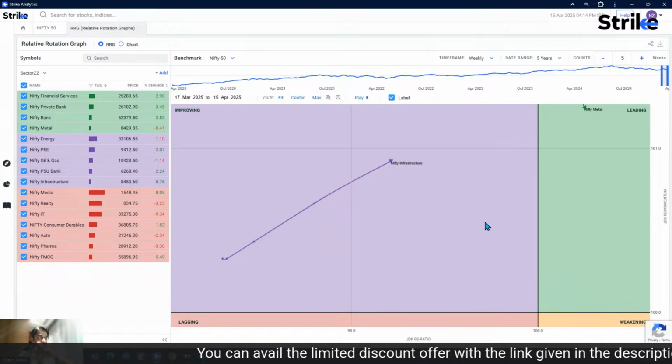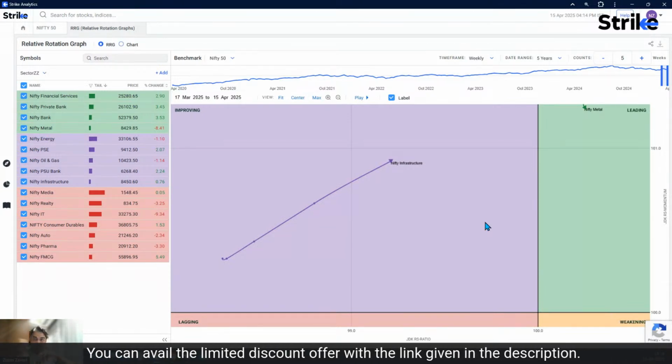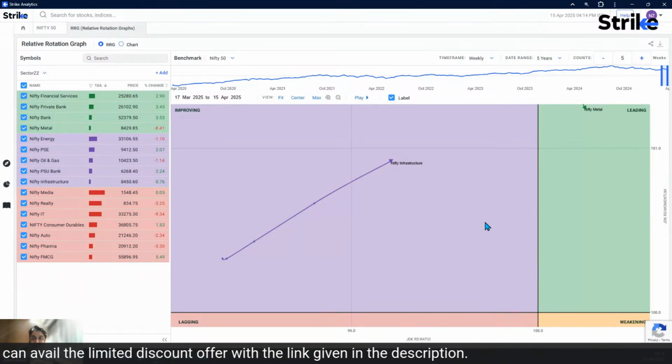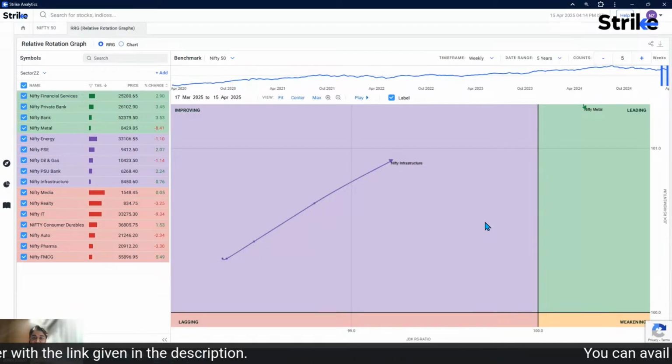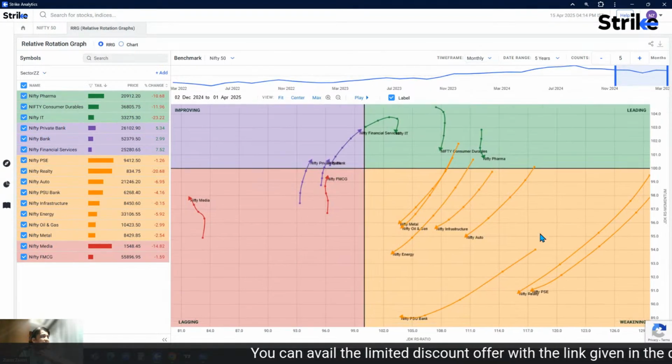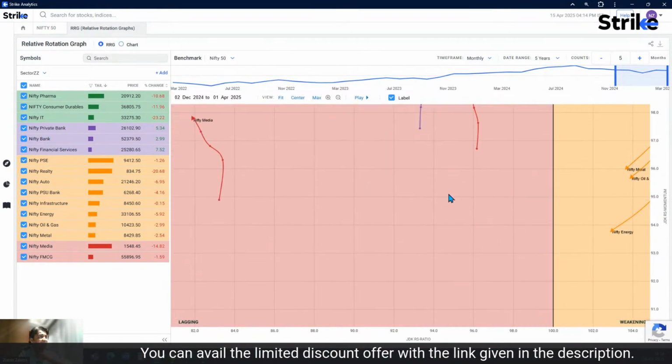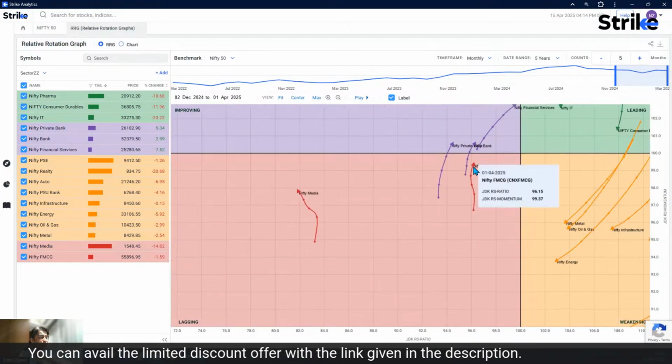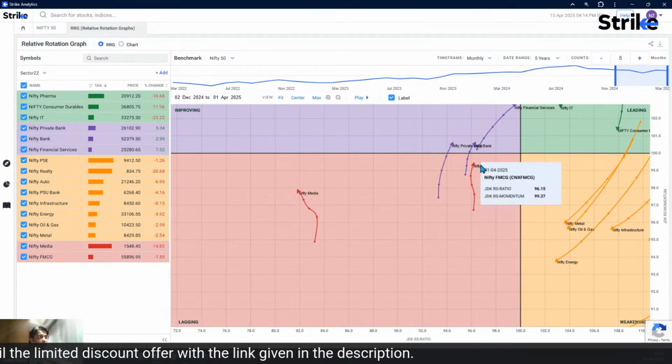So preferably, if you are an investor who wants to accumulate stocks to hold for maybe 5-10 years, then probably you can look at the monthly chart and try to see sectors which are in the lagging quadrant. So maybe FMCG is gaining momentum on the monthly chart.